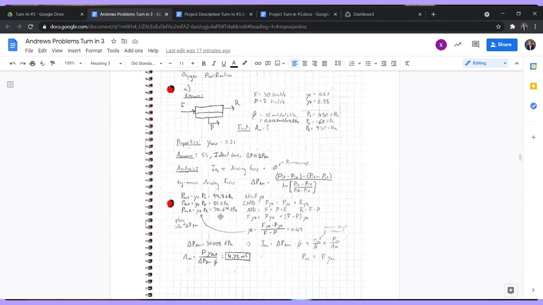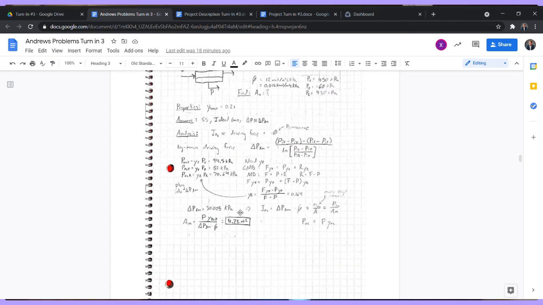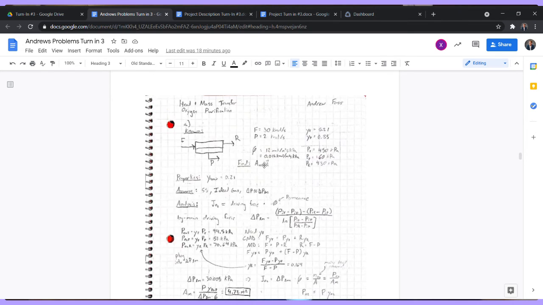So for part one, this separator was modeled as so, with the retentate and the permeate being separated. We were tasked with finding the area for this separator, which was done by finding the flux via the driving force and the permeance. The driving force was a log mean pressure gradient, and the permeance was a given value.